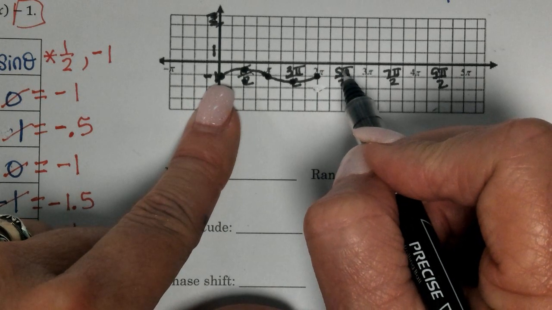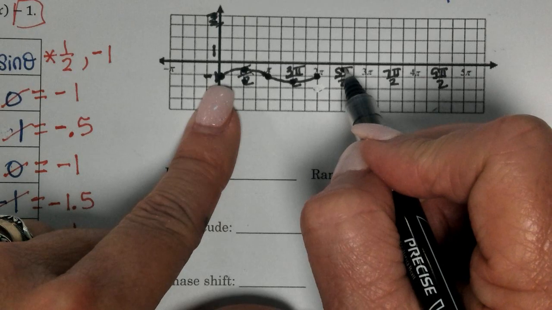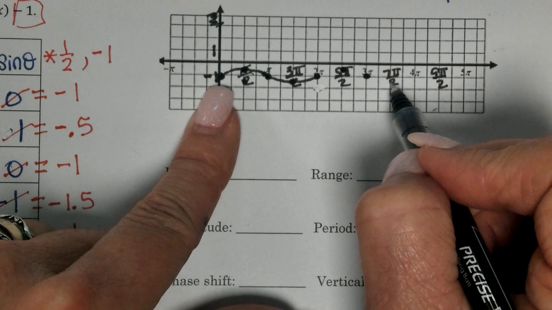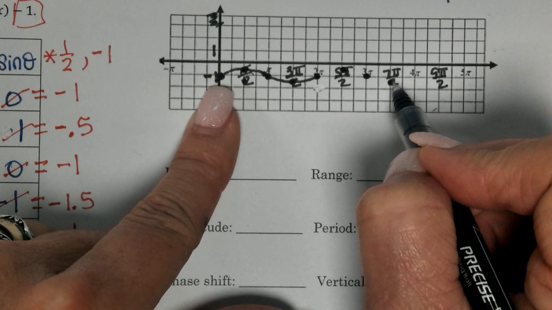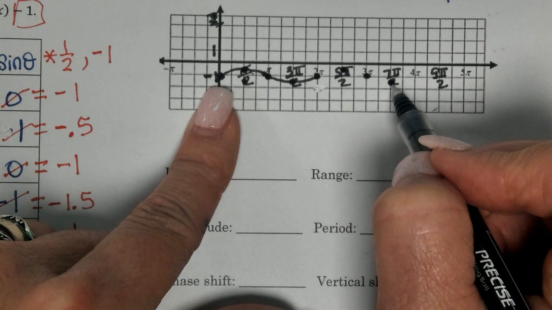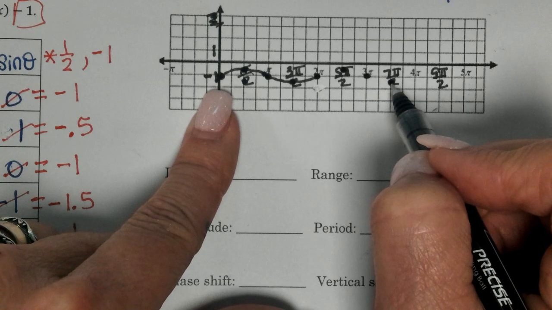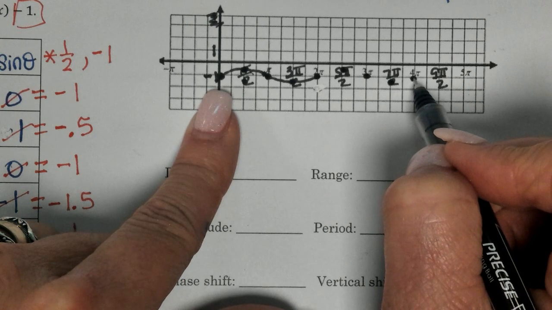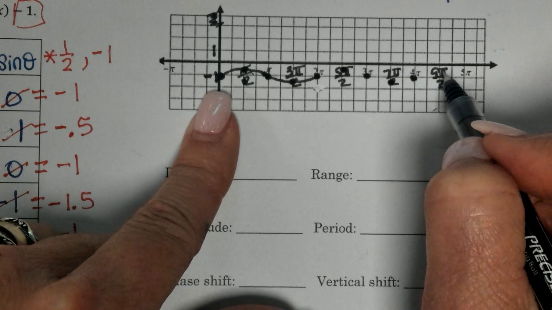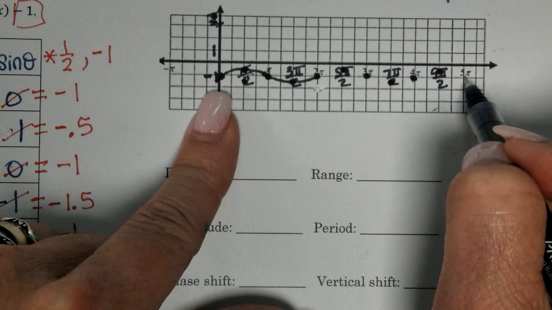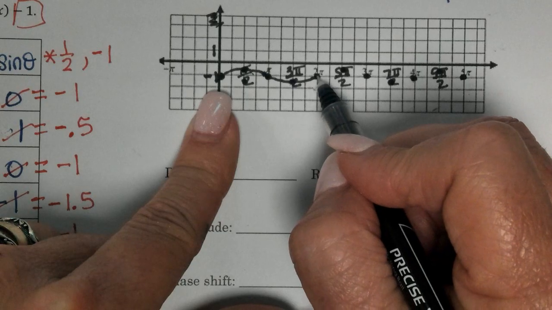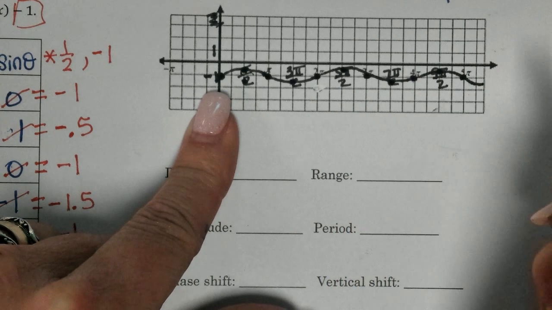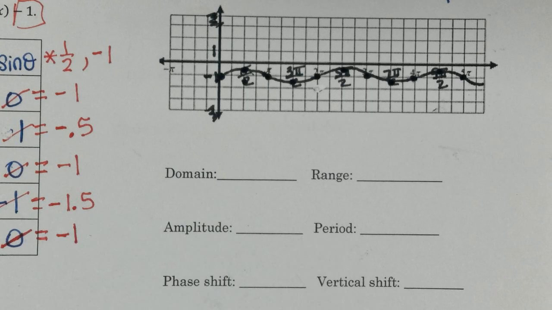We go back up to -0.5, to our middle, and at 7 pi over 2, we're at -1.5. Back up, back up, back down. So you can see your curve there.